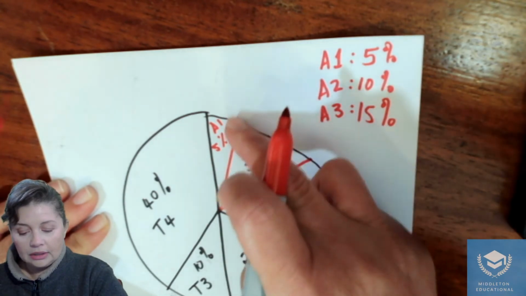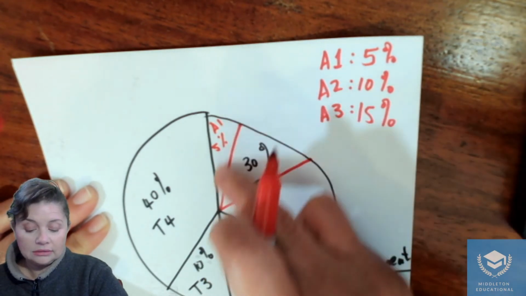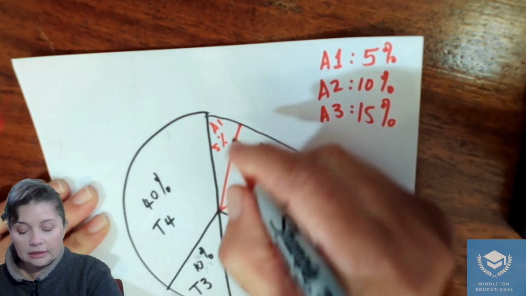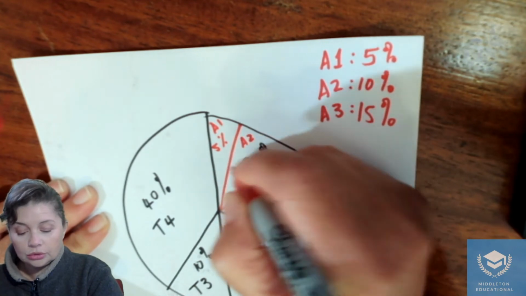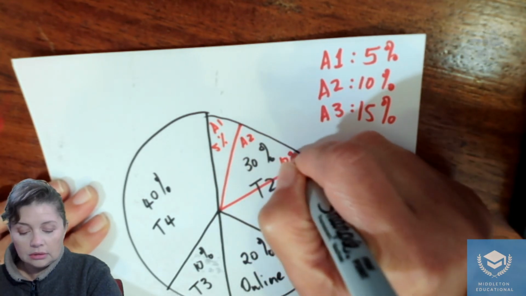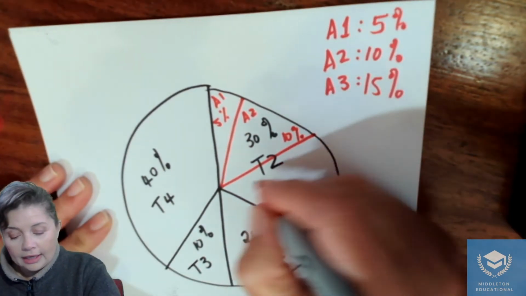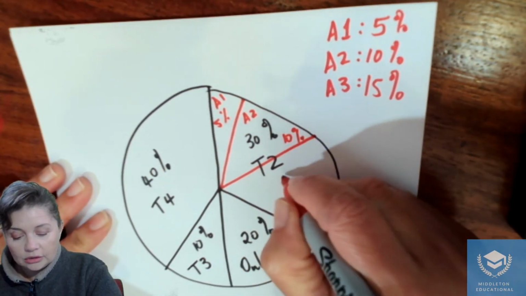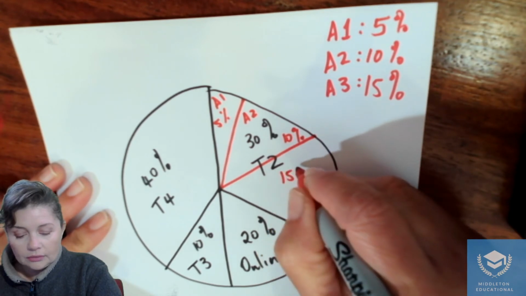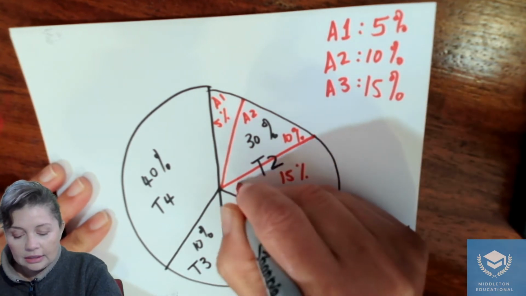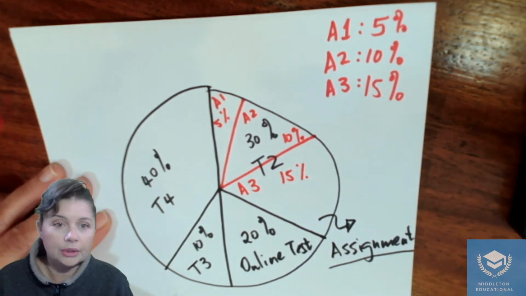This slice here, that slot that you're creating, is for assignment 2, which is 10%. And then this piece here is going to be 15%, and that is assignment 3.